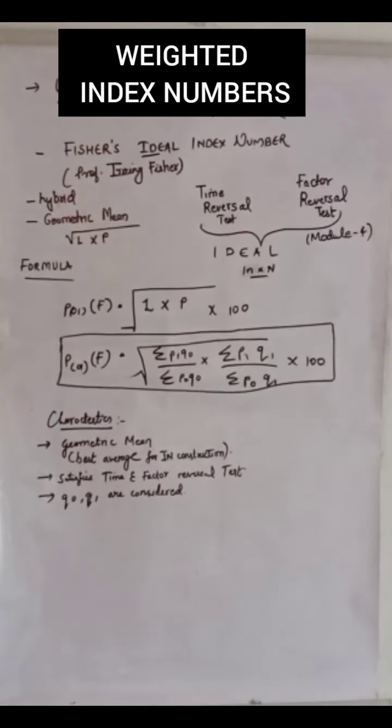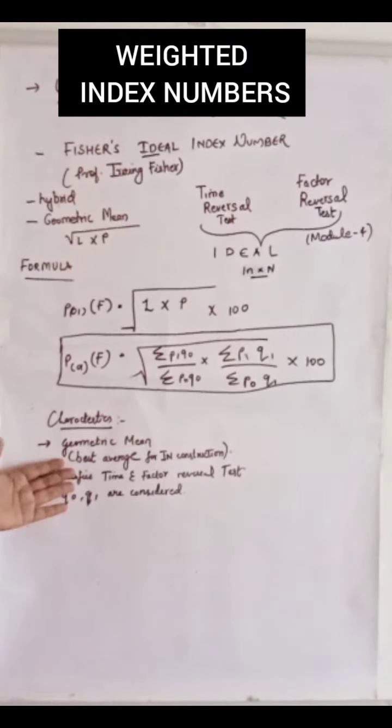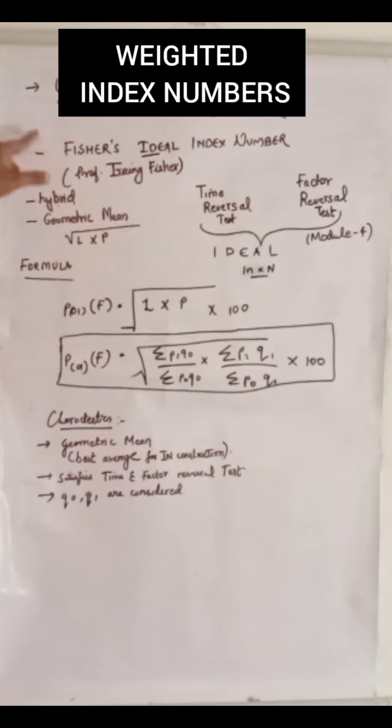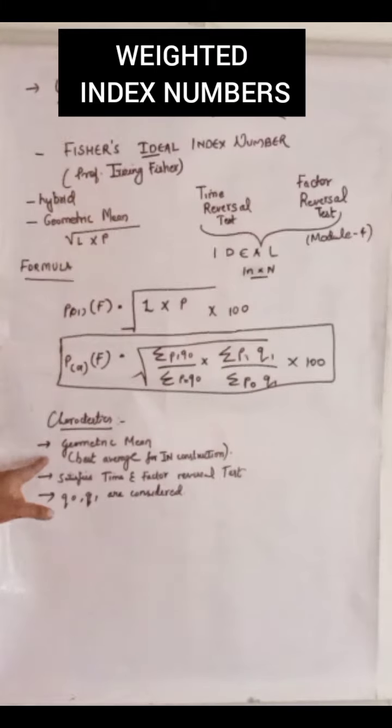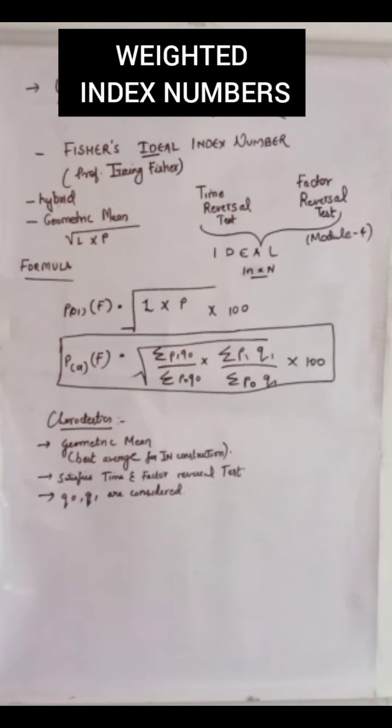So students, let us quickly see the characteristics of Fisher's ideal index number. The best average for finding any index number is considered to be the geometric mean, and here we calculate the geometric mean of Laspeyres and Paasche to find Fisher's ideal. So indirectly it means that we are using the best average for finding the index number. Second point says that it satisfies the time and factor reversal tests.